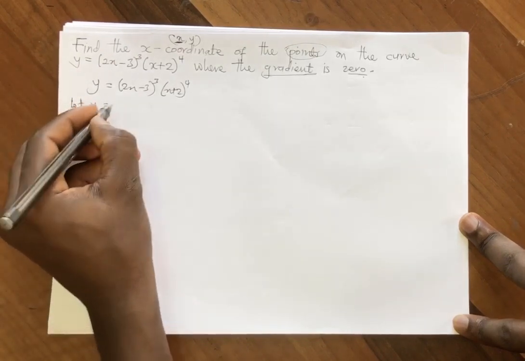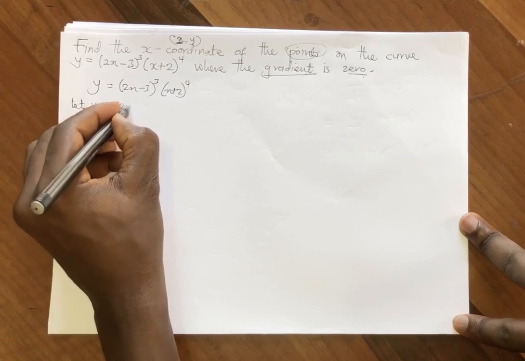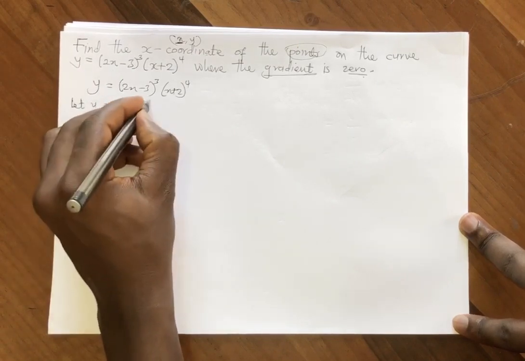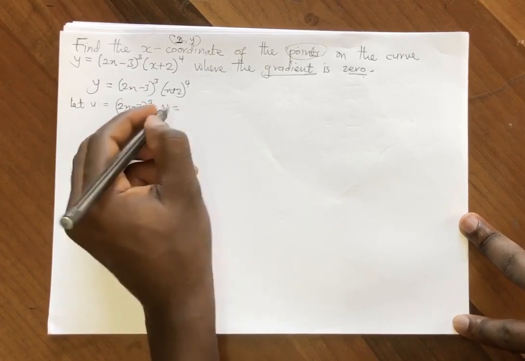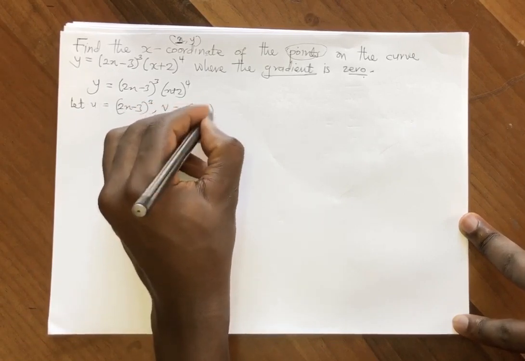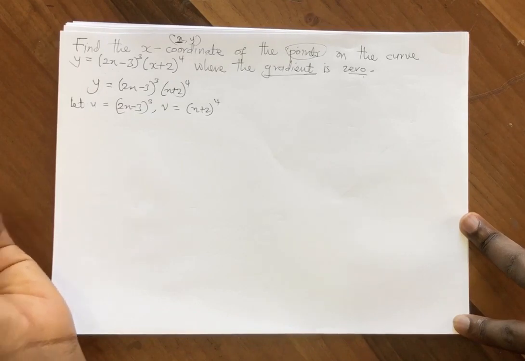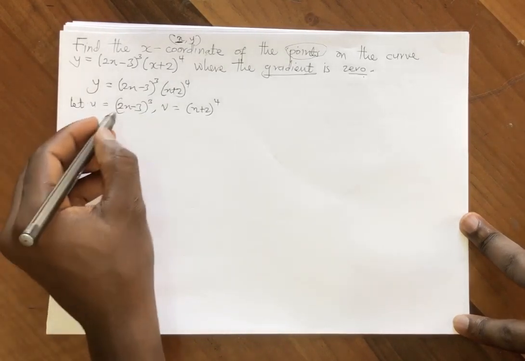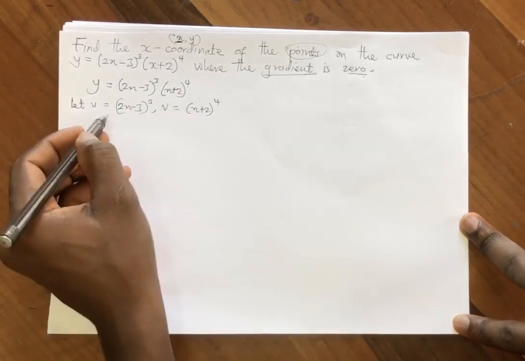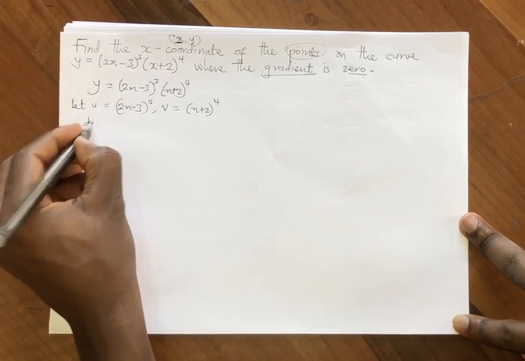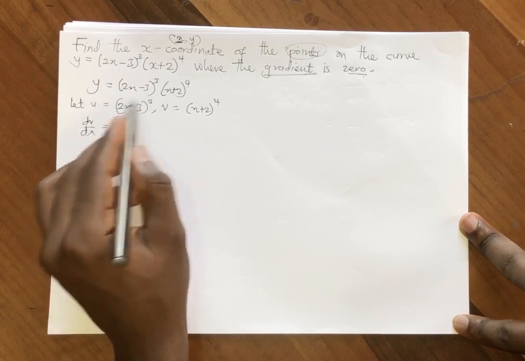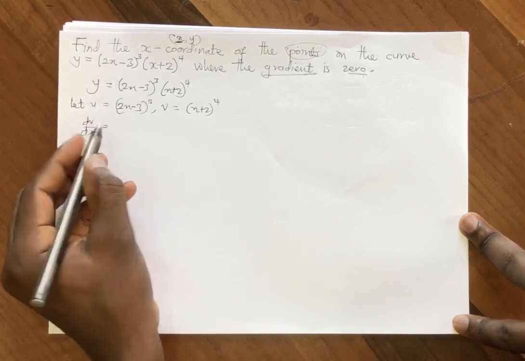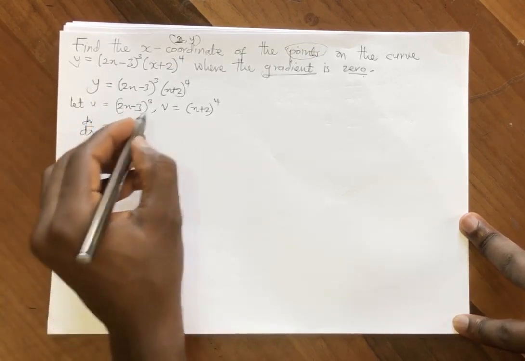So we have u is equal to 2x minus 3 all raised to the power 3, and then v is equal to x plus 2 all raised to the power 4. Chain rule says we should differentiate both. So we have du dx. Remember that this is a chain rule. So this is what we are going to do.